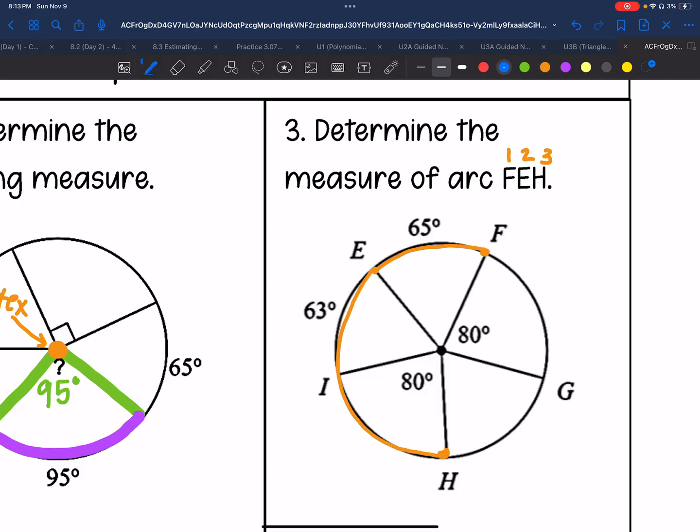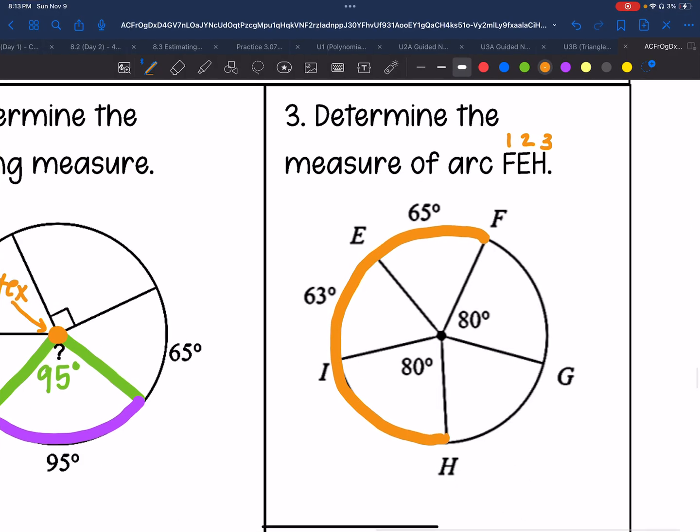Well, we know we're looking for this whole entire orange arc. We can look and see in the picture that from F to E is 65 degrees. We also can look and see that from E to I is 63 degrees.